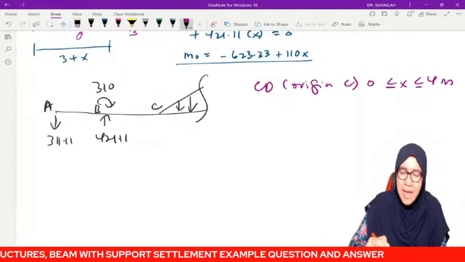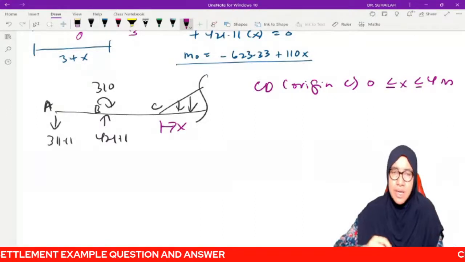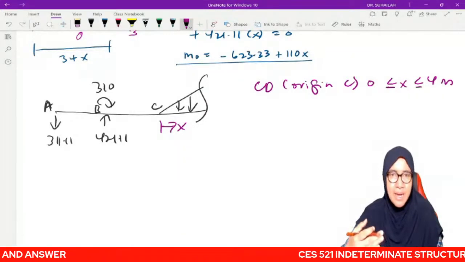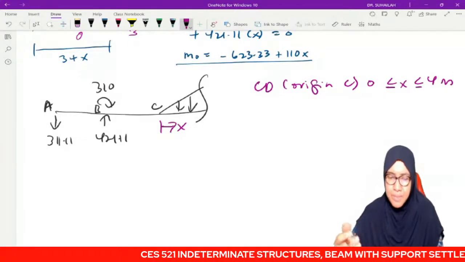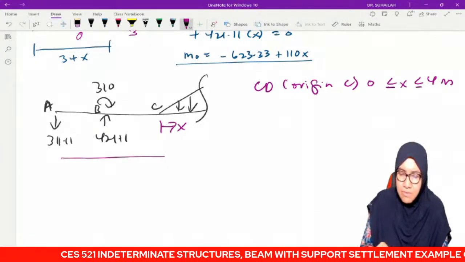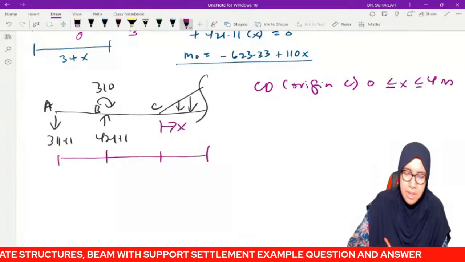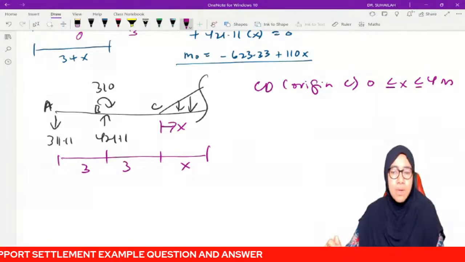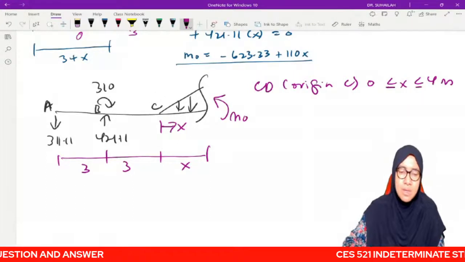Origin C means X is located at C, so at C, X is equal to 0. So the distance, this is 3, this is X. So we have to write the moment equation.